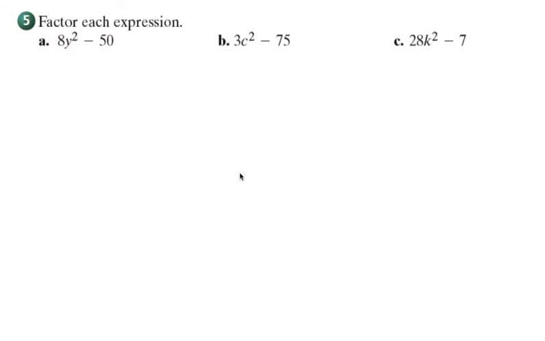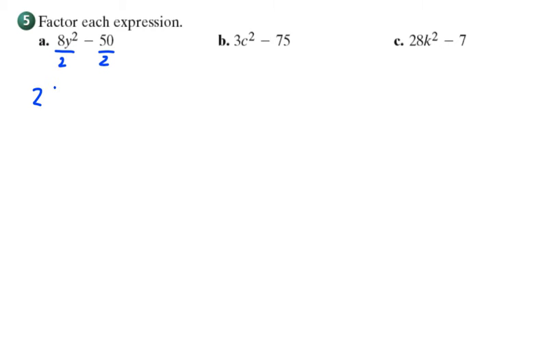Let's take a look at, how about a, that one looks the trickiest. So we have 8y squared minus 50. Neither of those are perfect squares, and you cannot take an 8 out of 50, but you can take out a 2.